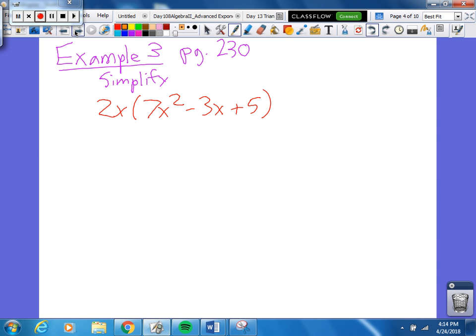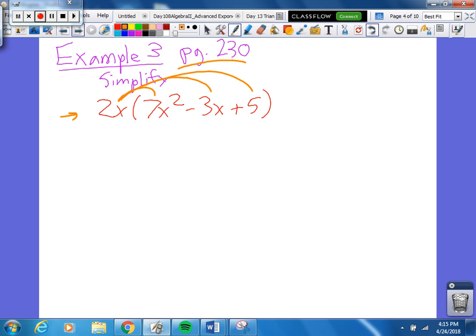Next. Now, page 230. Turn the page, and now let's do this one. What are we going to do? Write it down first. Oh yeah, we are going to distribute. This is the distributive property. All three right there. No problem.